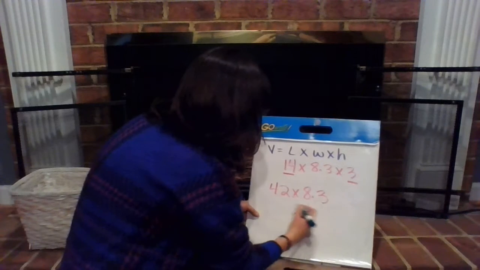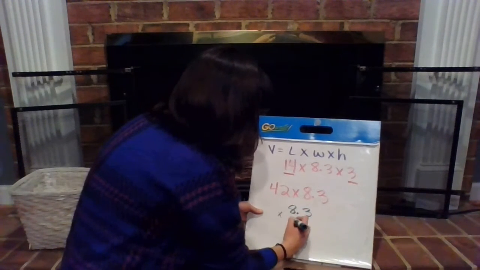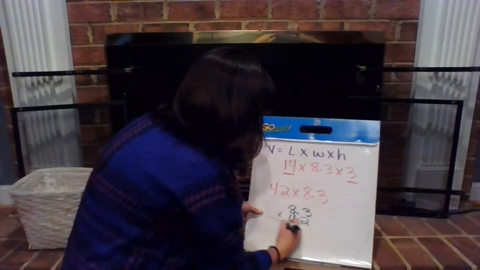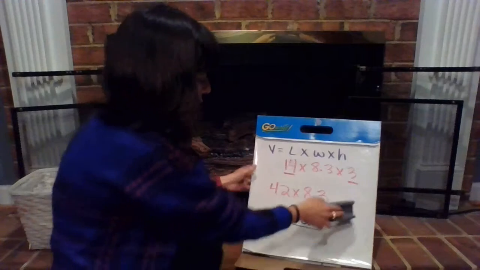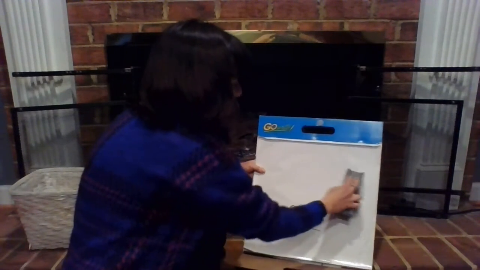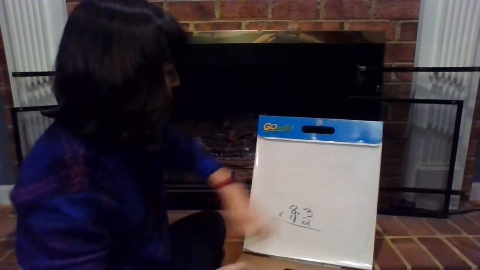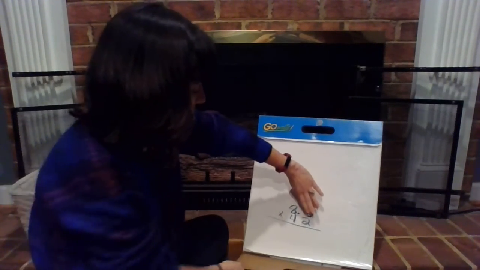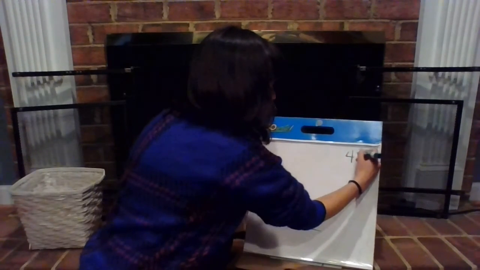Okay, it doesn't really matter, I'm going to start with 8 3/10 on top. Now remember, when you're multiplying with decimals, you can estimate first just to see what your answer should be close to. So if I rounded this to 8, it would be 8 times 42, and then I can just estimate.